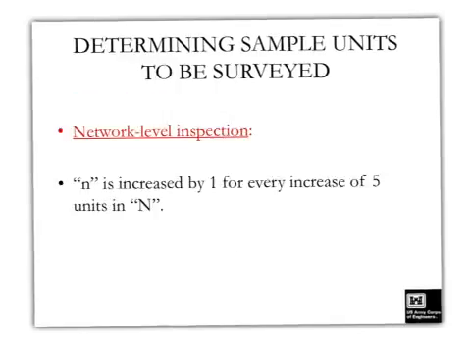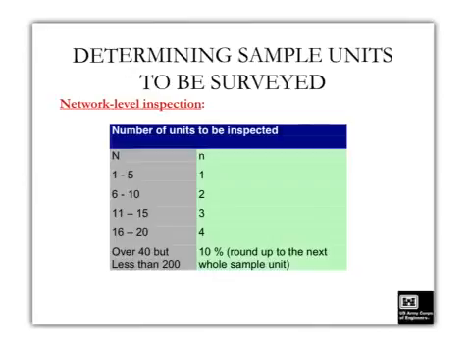So n is increased by 1 for every increase of 5 units in the capital N. Looking here at this table, when it comes to the network level inspection, now we can relate the big N with the small n. This is the number of units to be inspected.